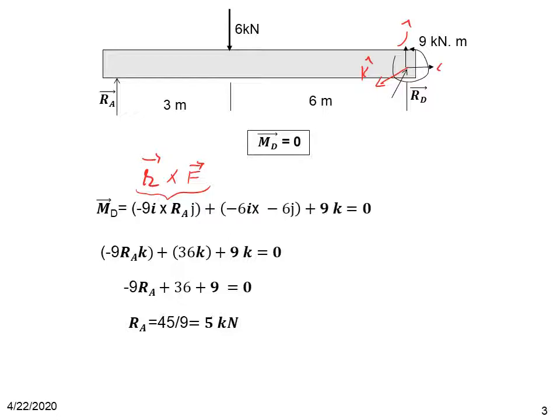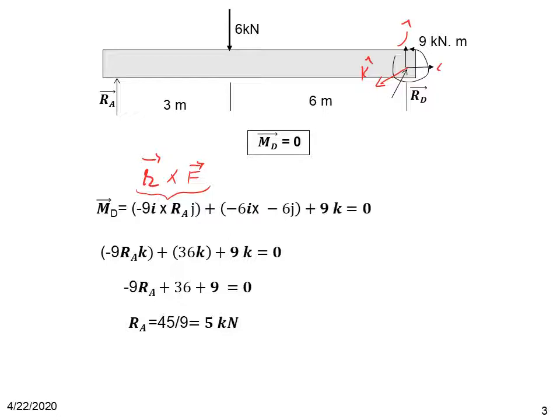So it's R cross F. And the second one is 6 kilonewton. The R is minus 6I because it is minus 6 units in the minus I direction, cross 6 kilonewton acting in the minus J direction. Plus, this is an anti-clockwise moment force couple at D, which is the K direction. So we add all of them together to 0.